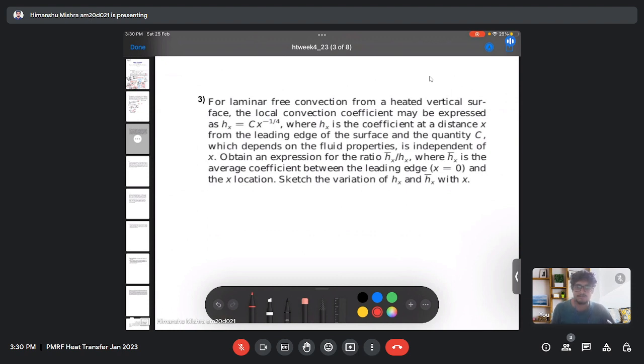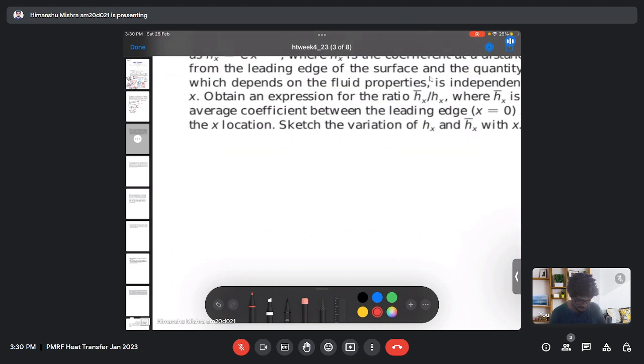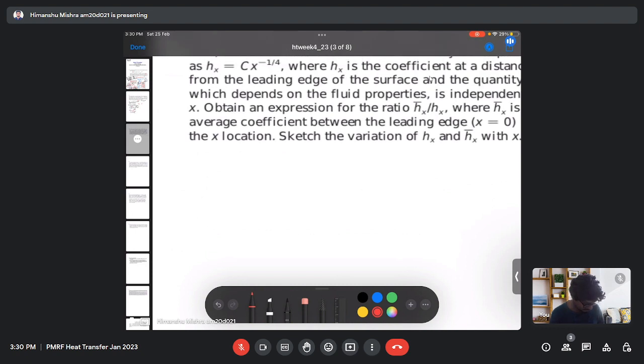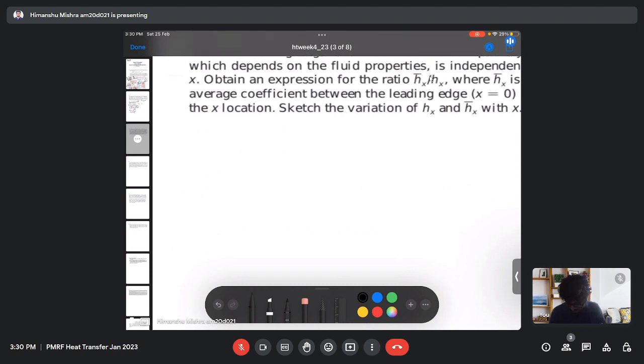Obtain an expression for the ratio of the average heat transfer coefficient to the local one between the leading edge x equals 0 and the x location. So basically this is the same question.